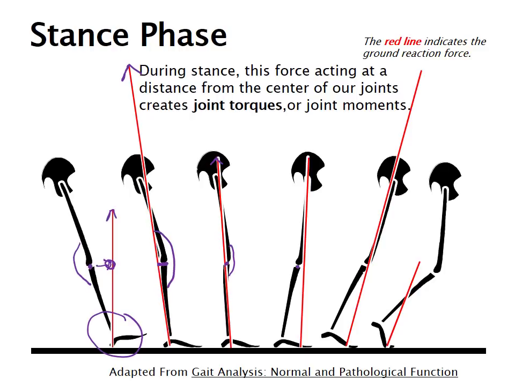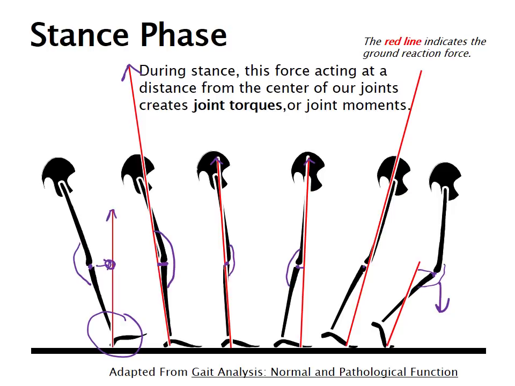And then as you can see here, we can continue to do this later in the stance phase. The ground reaction force goes anterior to our knee joint. We're probably using our hamstrings at that point, and so forth and so on. At the very end, we use a little bit of our quads to control this so we don't fall to the ground.